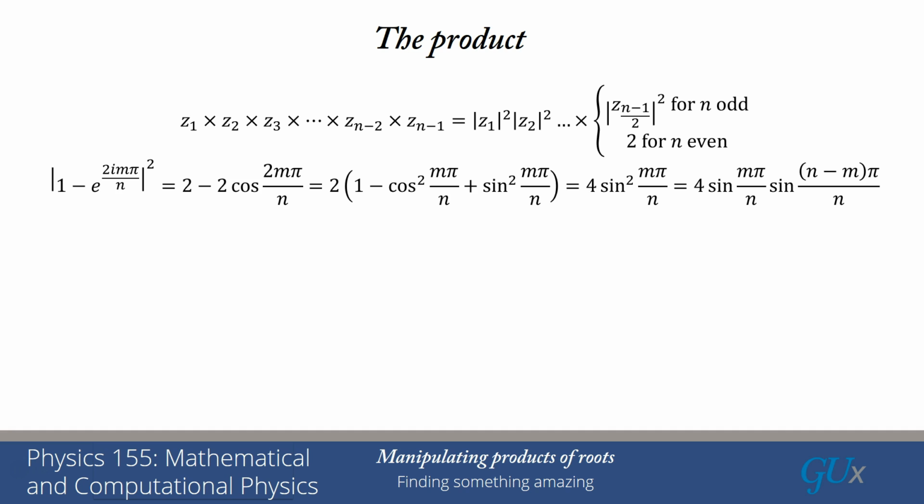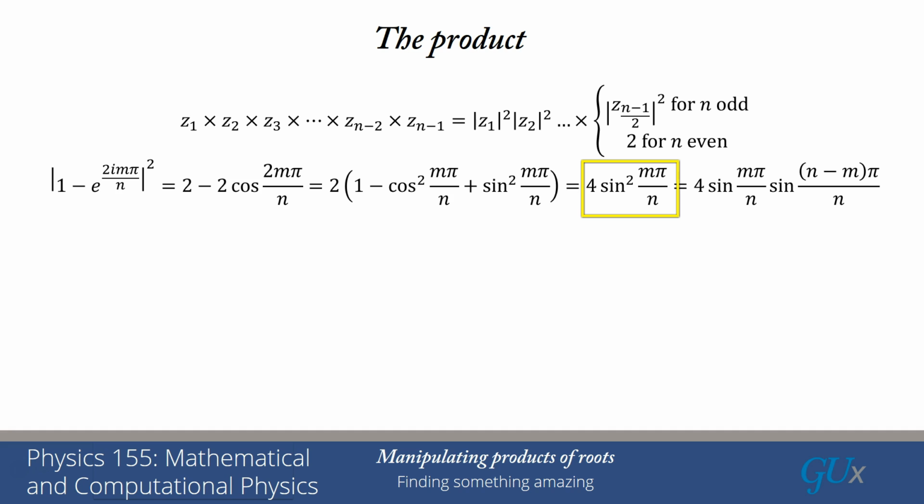and I can get that result. And now I'm going to use the half angle formula for the cosine, and I'm going to write cosine of 2m pi over n as cosine squared m pi over n minus sine squared m pi over n. And you see I'm going to get a factor of 2 sine squared coming out of that, so the net is going to be 4 sine squared m pi over n.